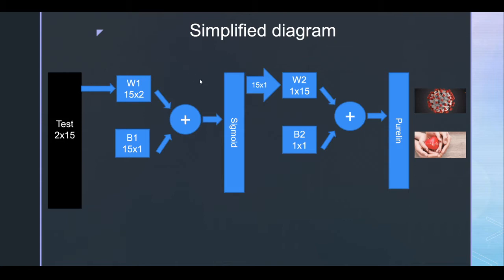These enter the first layer and are processed by a logarithmic sigmoid activation function, and then go to our second layer, which has a purelin activation function, and we're using the backpropagation algorithm to compute the results and train the model.